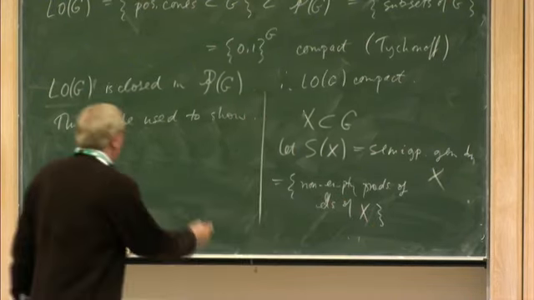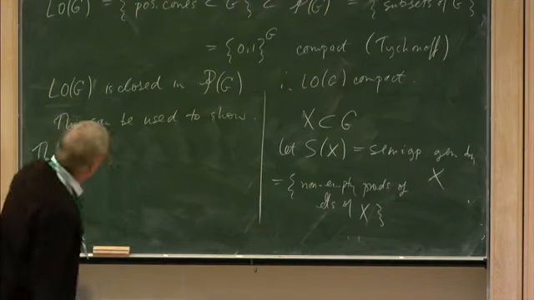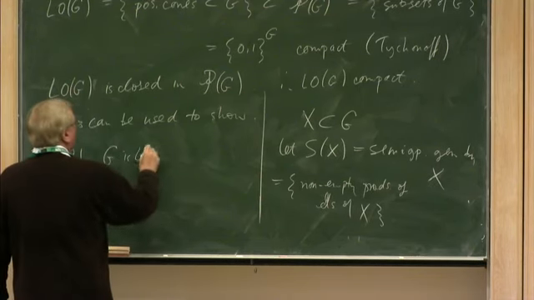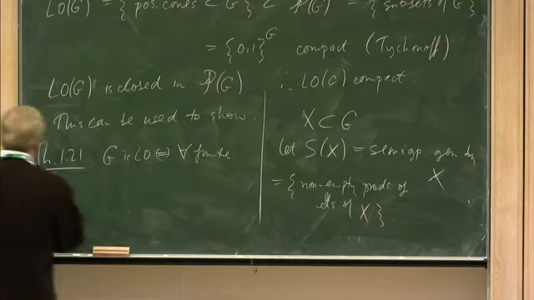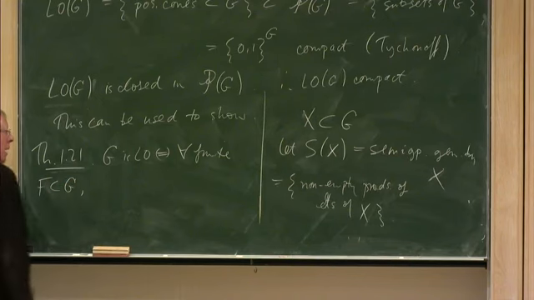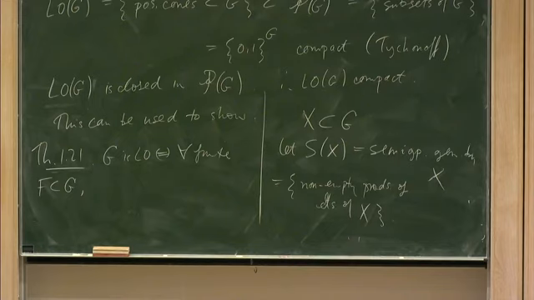Okay, and so like I said, this theorem is that G is left orderable if and only if for all finite subsets F, I can sort of left order them. In other words, I can say which of them are positive and which are negative.